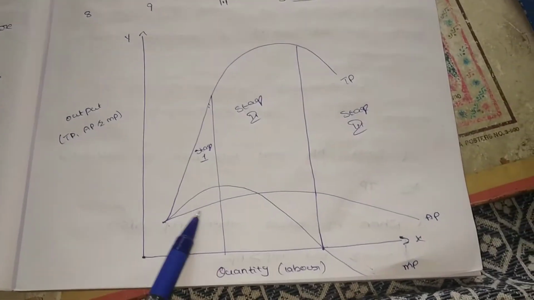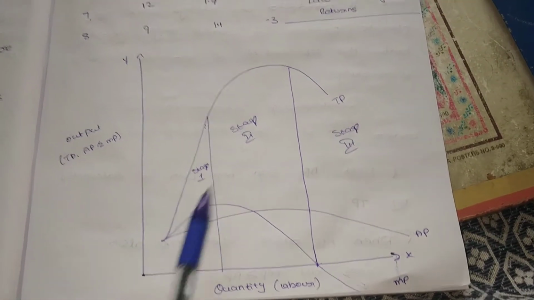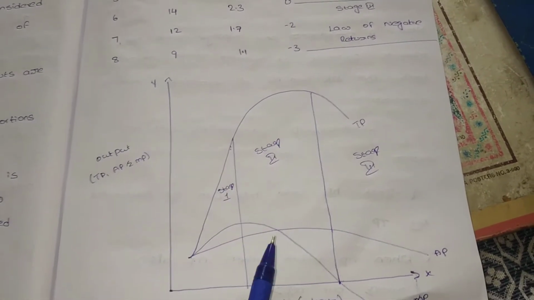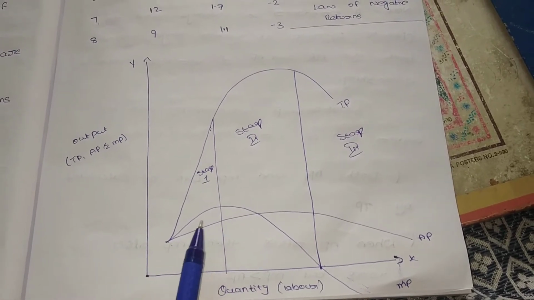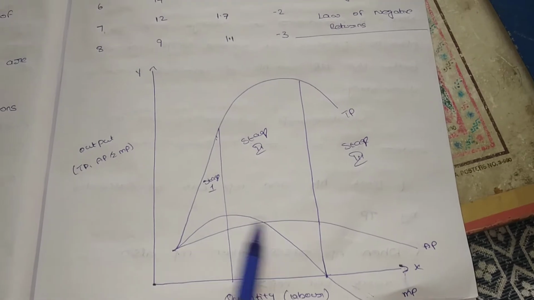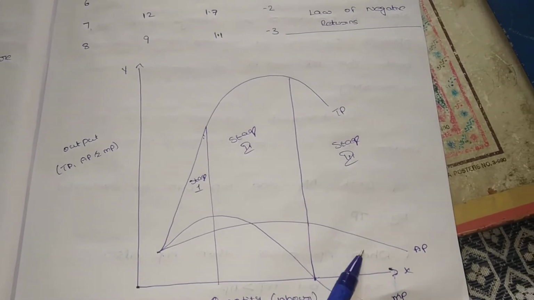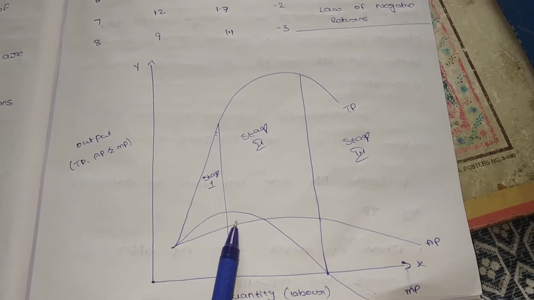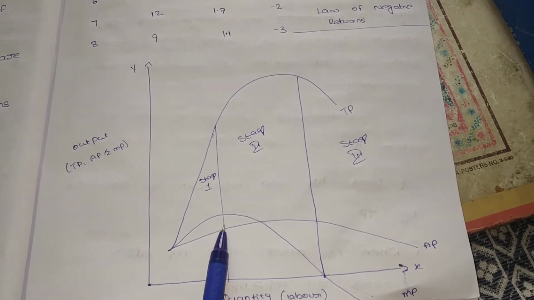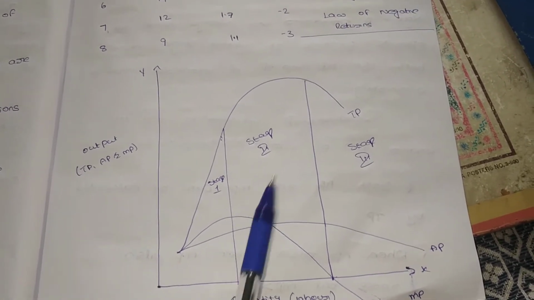Let's see here, what is the MP? The second curve is the MP. The first curve is the total product, the second curve is the marginal product, and the third curve is the average product. At this point the average product is also at its maximum. Here it is flat, there is no rise. So in the first stage the average product reaches its maximum.